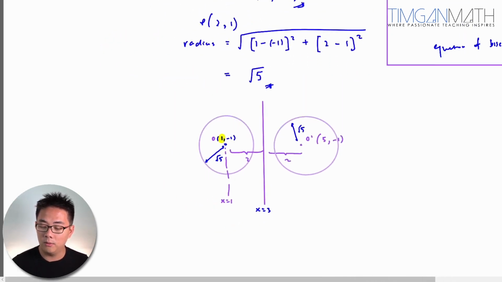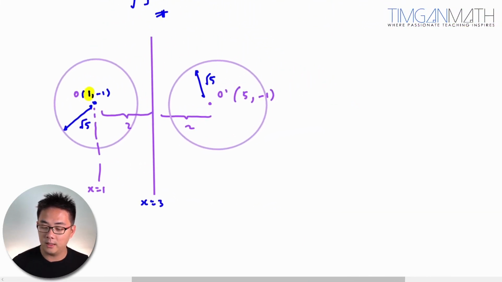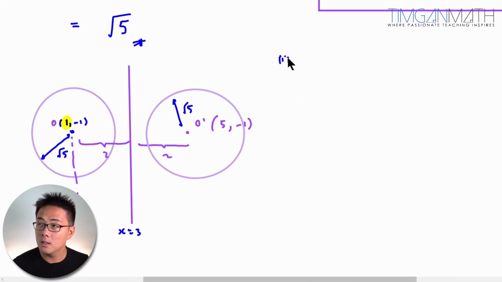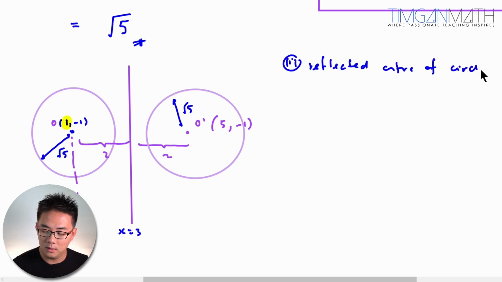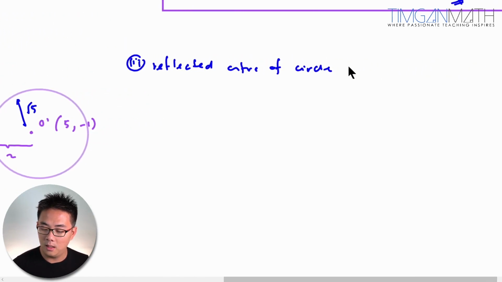So for part 3, the reflected center of the circle is (5, -1).